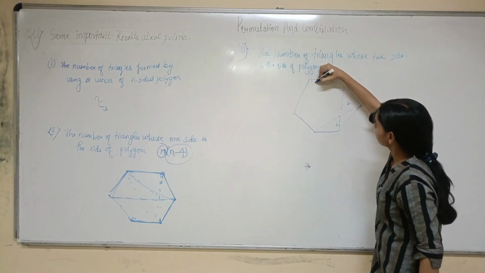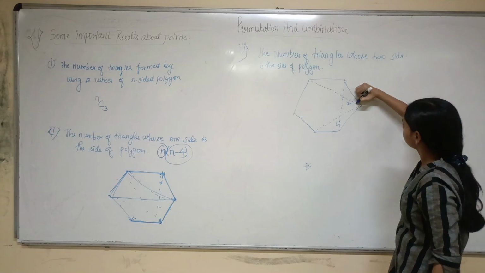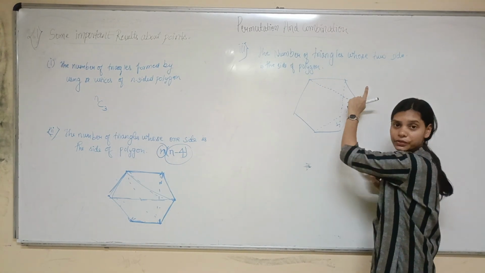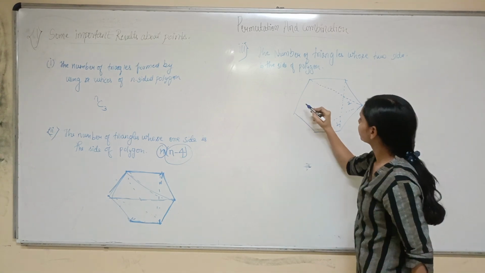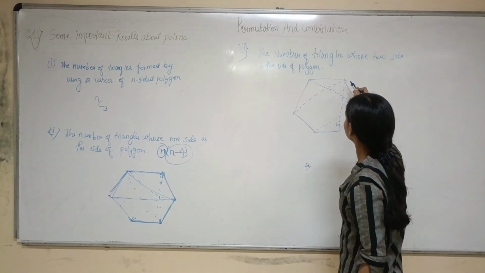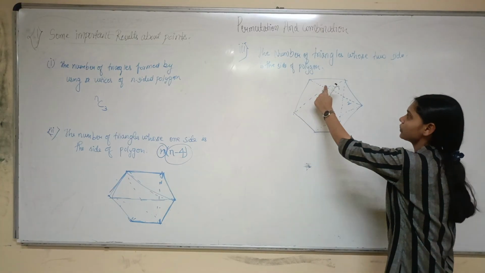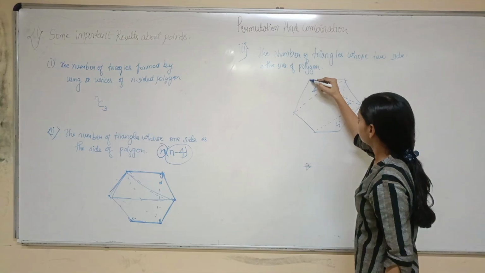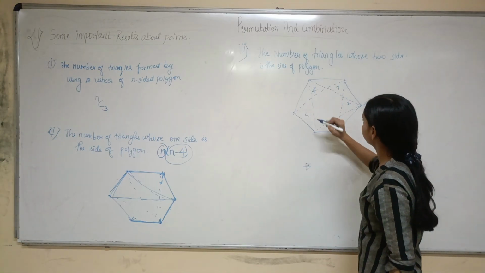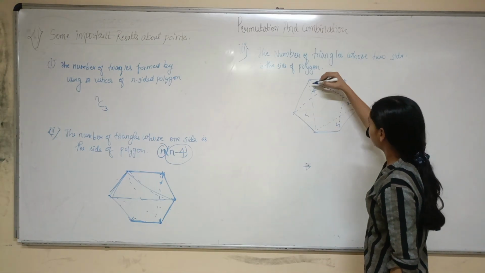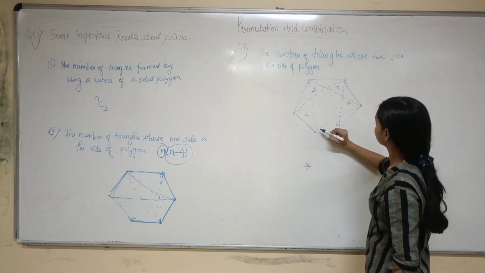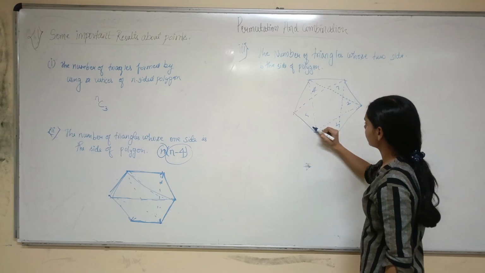If we take this, then this triangle also contains two sides of the given polygon, right? If we take this, the third, this triangle also contains two sides of the given polygon. If we take this, then fifth, and if we take this, this is 6.